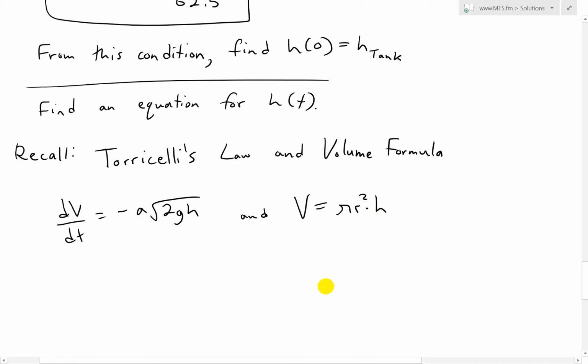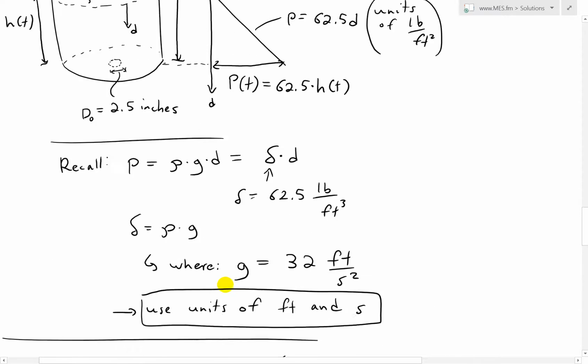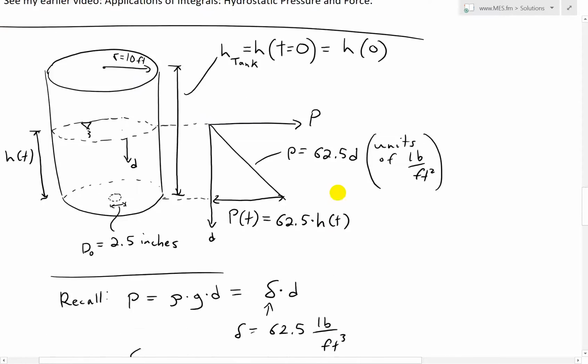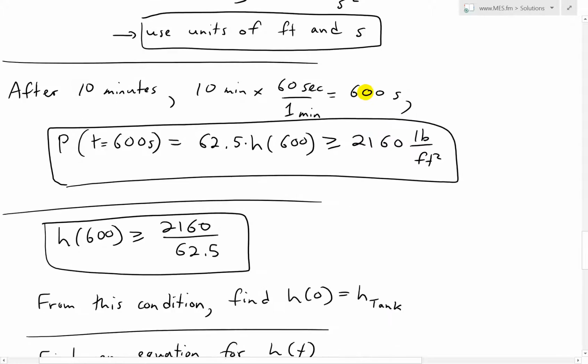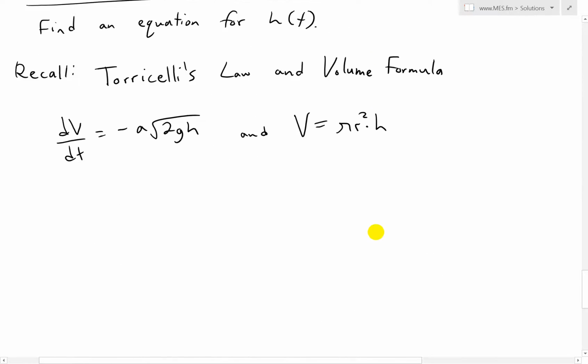In our case, the cylinder radius is 10 feet, and everything we're using is in feet and seconds. So this equals pi times 10 squared times h, which is 100 pi times h, and that is our V right here.